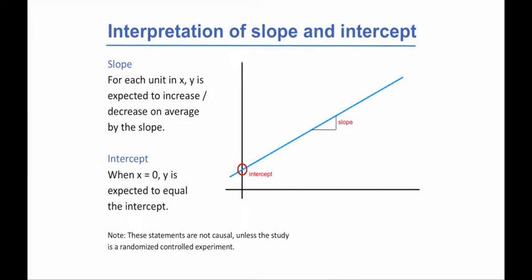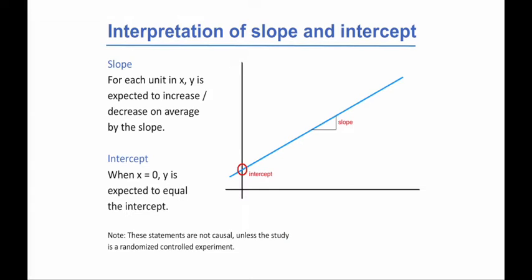So again, this is our interpretation of the slope and the intercept. The slope: for each additional unit in your explanatory variable, the response variable is expected to increase or decrease on average by the slope.